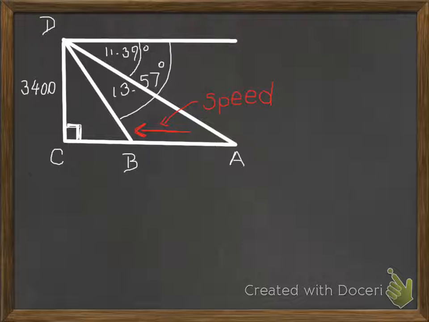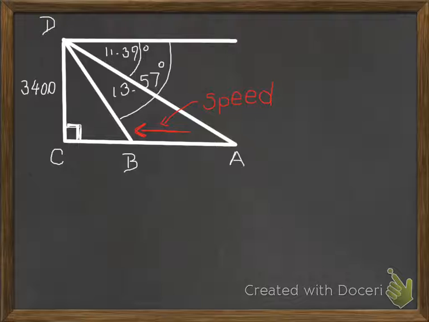Okay, so the situation is that a person is standing up here at point D on a mesa, which is a high plain, and there's a fire which first has an angle of depression of 11.39 degrees, and then the angle of depression as the fire spreads from point A to point B becomes 13.57 degrees.